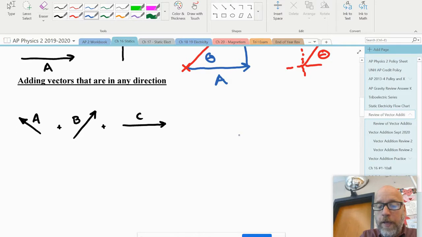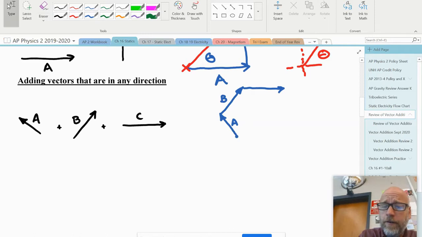So I can go in any order, but I might as well start with A, followed by B. I'm going to try to draw these to scale, followed by C. Tip to tail, tip to tail, tip to tail.